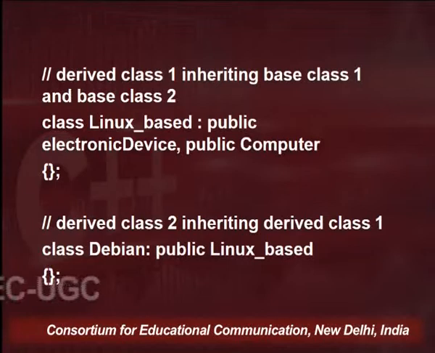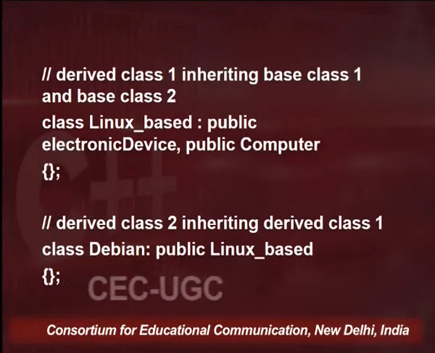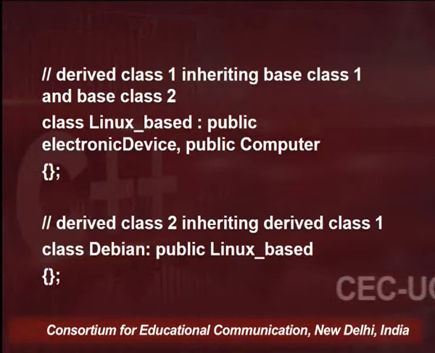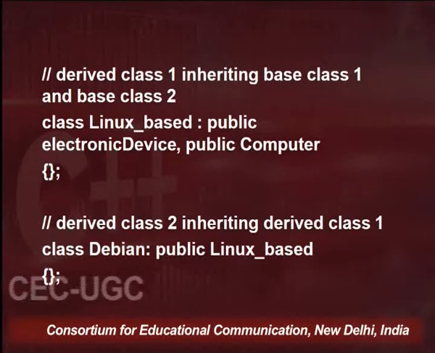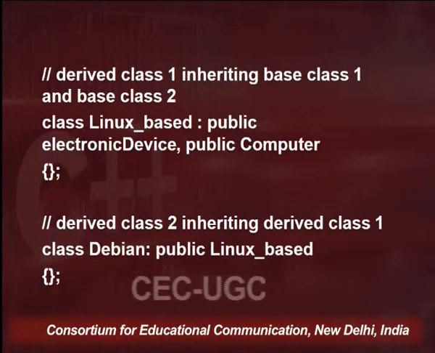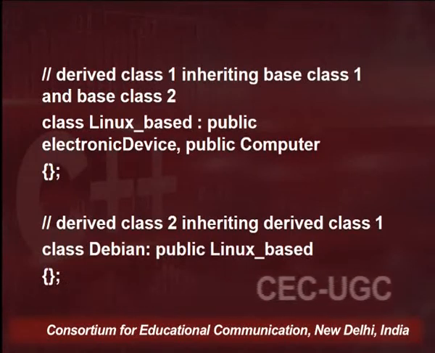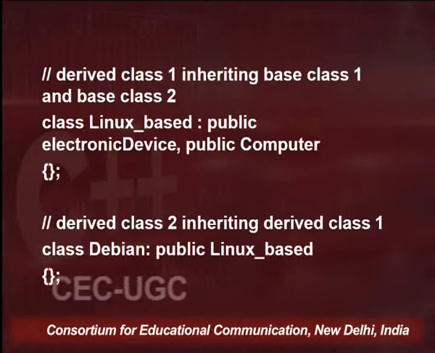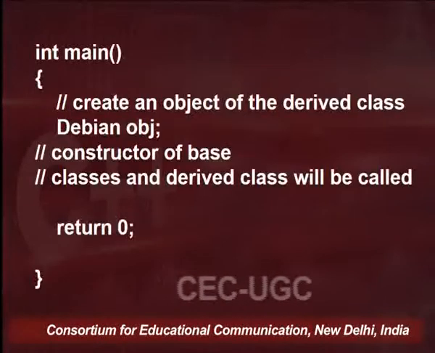And again, for the sake of simplicity, we have not given any definition of this class Debian. It is not doing anything, and we have left the class definition empty, which is shown by opening and closing braces followed by a semicolon, which shows the end of the class.